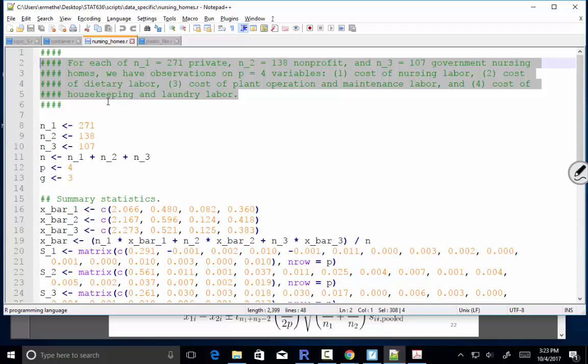We're going to characterize each nursing home in terms of fiscal efficiency using 4 variables. And then the inferential question is, what differences, if any, are there across these categories of ownership type? This is actually a 3 comparison group problem.